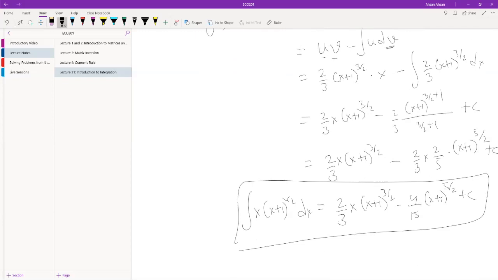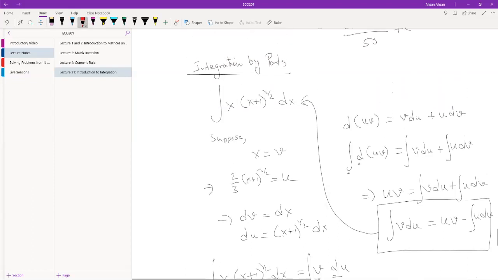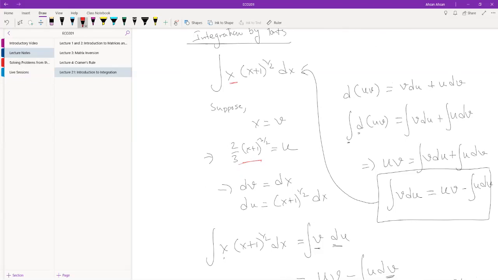So it looks complicated, but let's review all that we've done. First of all, we've introduced a new formula. Just remember this formula. All we've done here is assume that x is equal to v, and that this is equal to u, and then we've differentiated them. So dv is equal to dx, and du is basically the differentiation of this times dx.